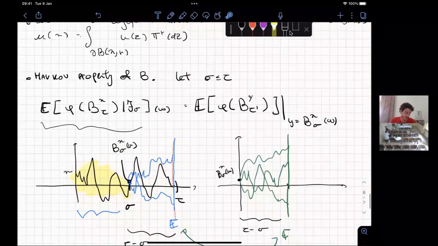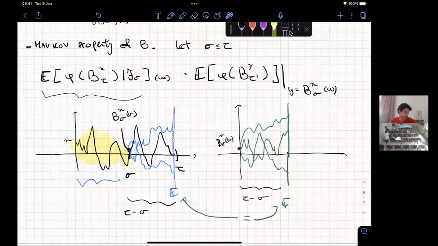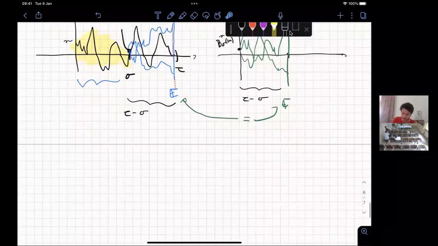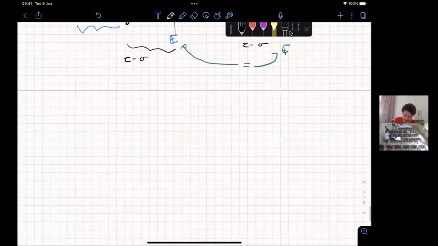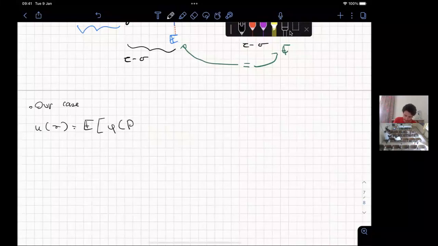So this is a very bad way to present the Markov property. Why is this useful in our case? Because we can do this computation. So let's take u^x. In our case, let's take u^x. This is actually this guy.